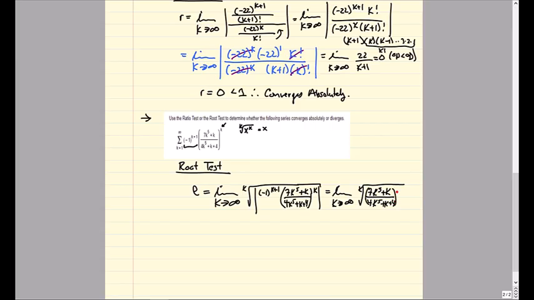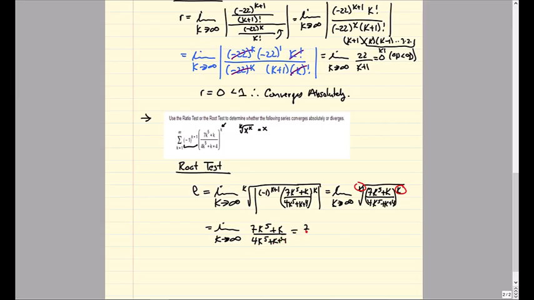So all of this is raised to the kth power. So what ends up happening is the kth power and the kth root cancel, and I'm left with the limit as k approaches infinity of 7k to the 5th plus k all over 4k to the 5th plus k plus 4.